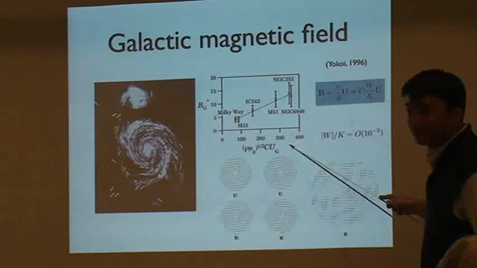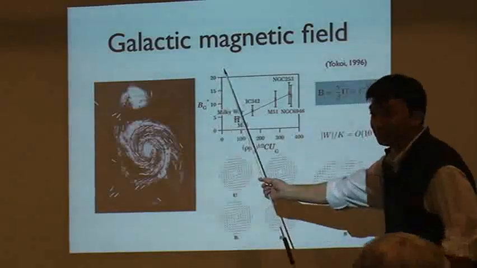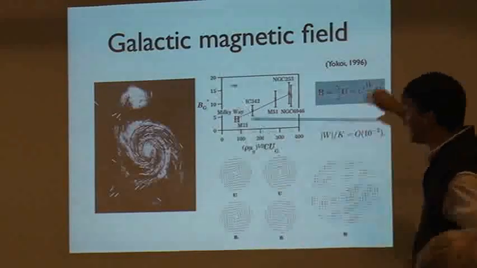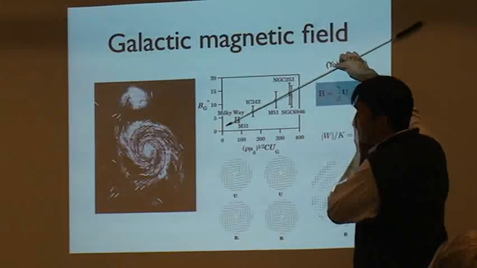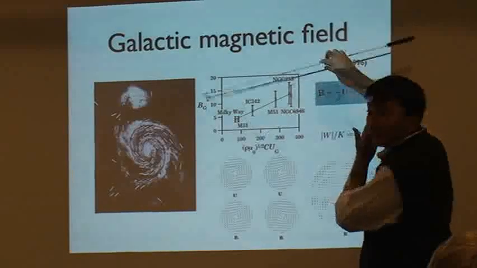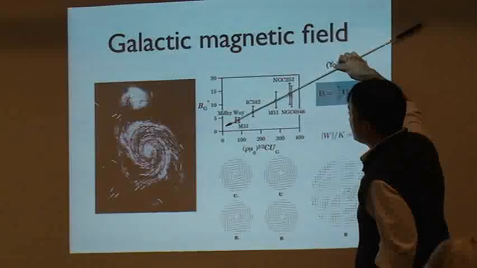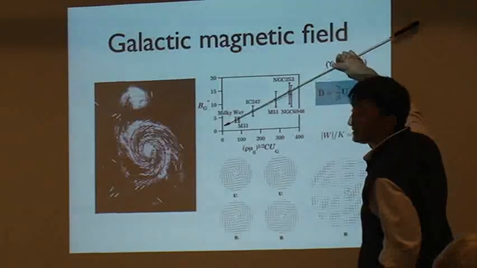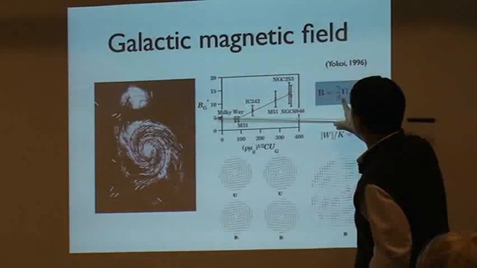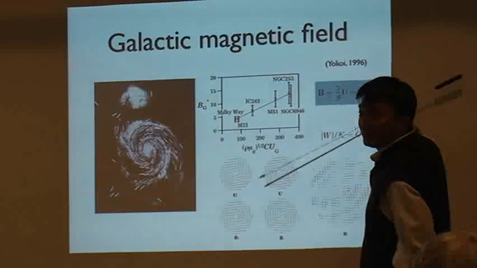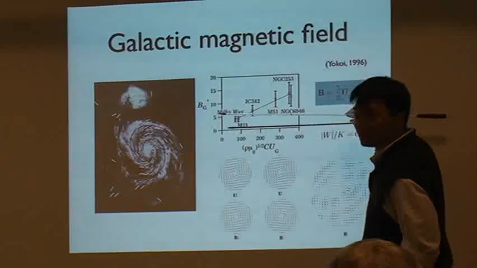I applied this model to the galaxy. This is the rotational velocity of several galaxies, and this is the magnitude of the large-scale magnetic field. We have a correlation like this, and in order to express this inclination, we need W over K of 0.03 or something.